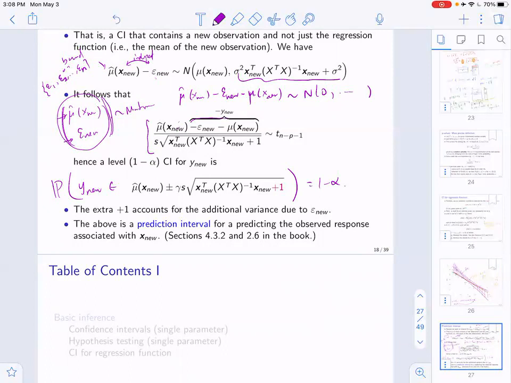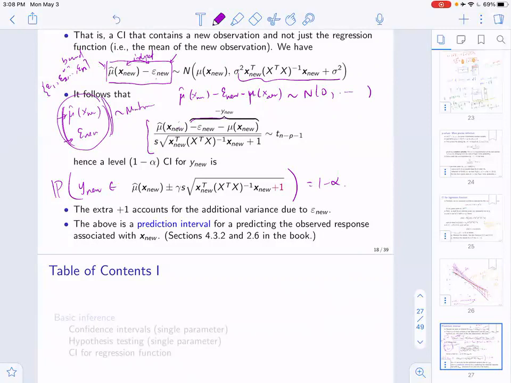You could say this is the standard error of this guy, but this is not an estimator. Usually when you talk about standard error, you're talking about the estimated standard deviation of an estimator, and this is not an estimator because I don't know epsilon. But it's fine if you want to say standard error. It's just the estimated standard deviation of this quantity. That's fine if you extend the definition of standard error to an estimate of the standard deviation of anything you care about.